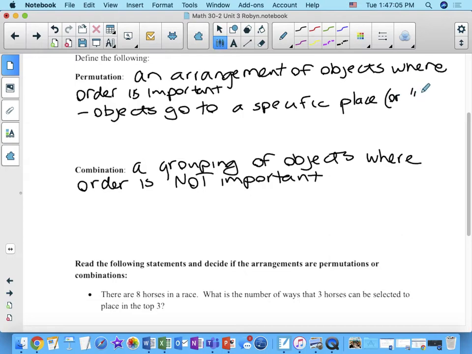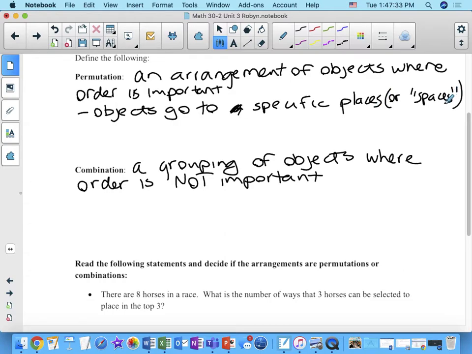Or space, right? We use spaces to represent these places. With a combination, all of the objects are going to the same place. So all objects go to specific places or spaces.